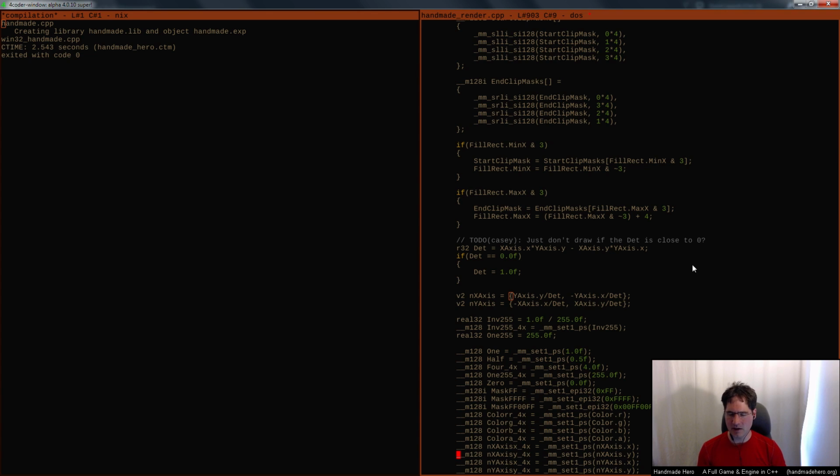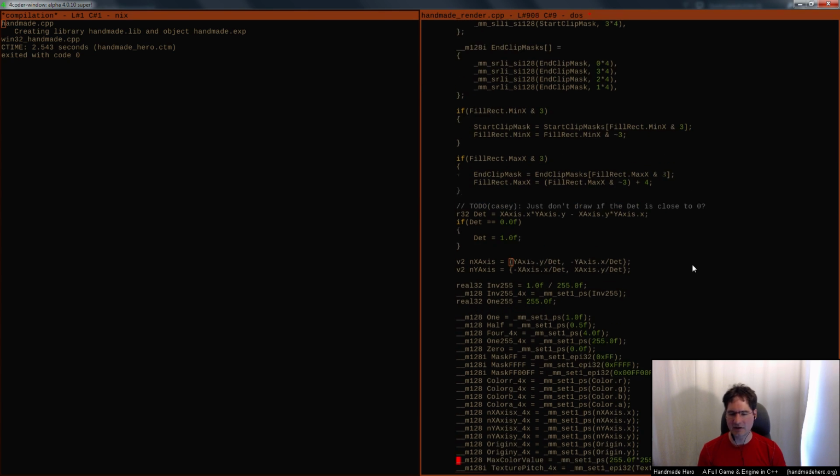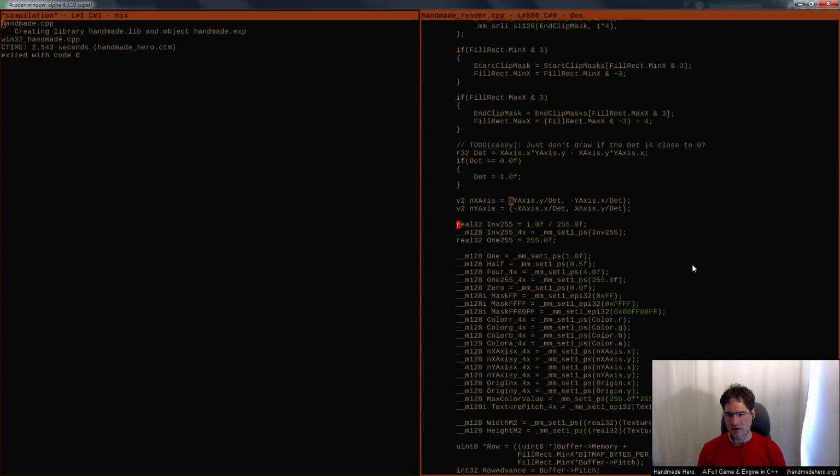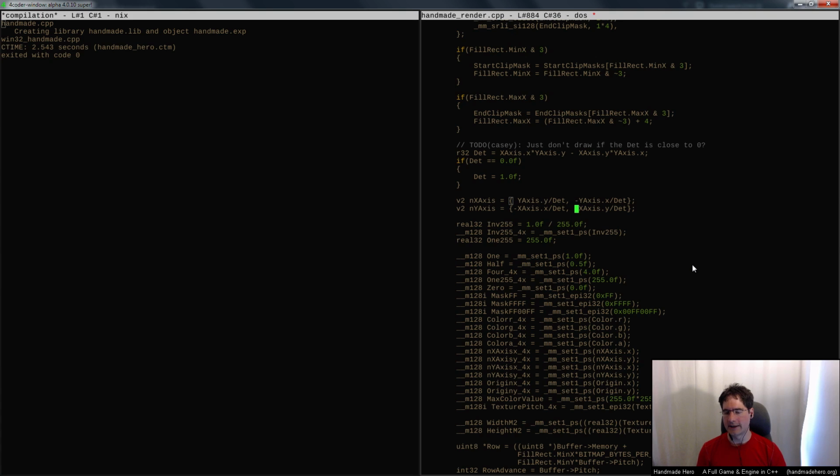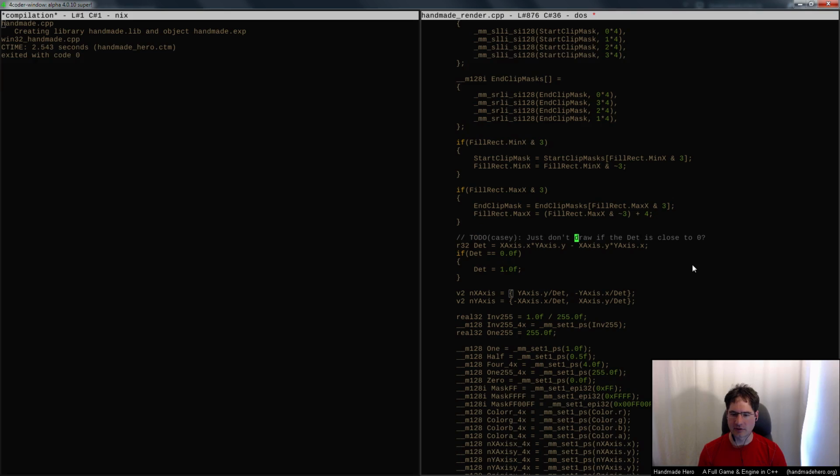I think I may want to go, I guess I could step through this. I'm just trying to think if the easier way to debug this will be for me to go back up into the slow code and draw it there, just to see.